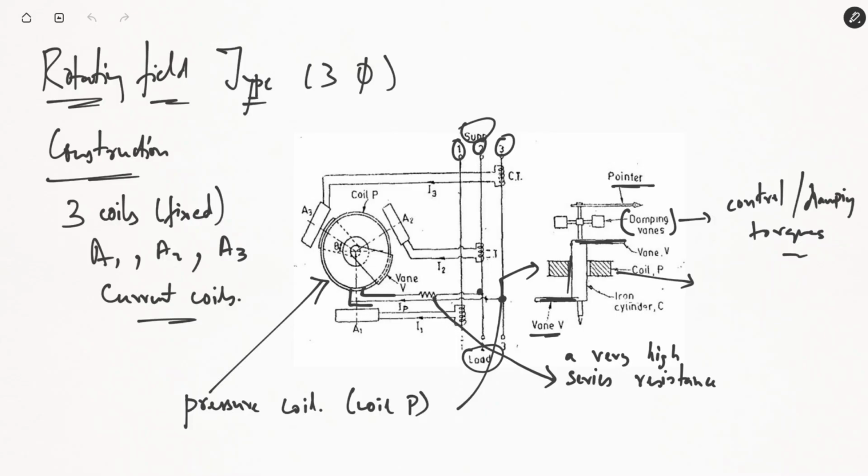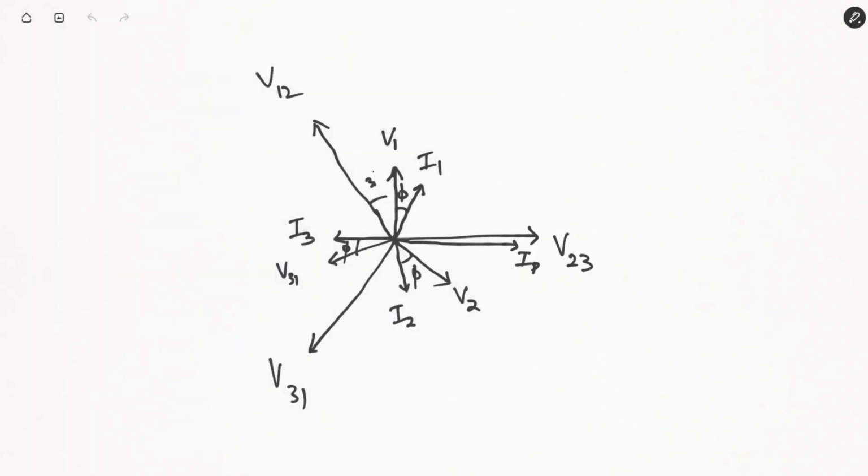So coil P will be producing its own magnetic field. A1, A2, A3 will be producing their own magnetic field. The torque will be induced on the vanes. So both the vanes will experience deflecting torque, and once the deflecting torques balance each other out, we can measure the value of the phase difference.